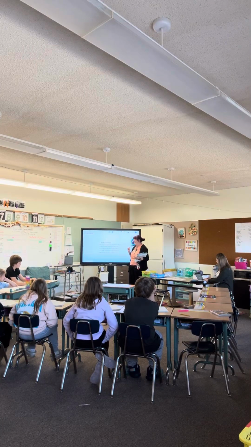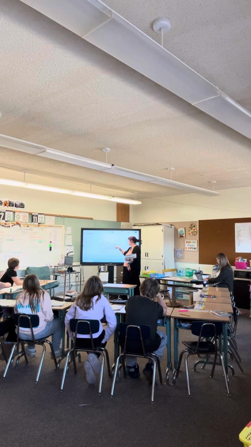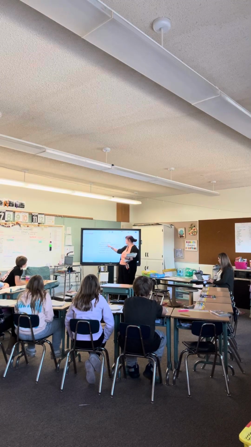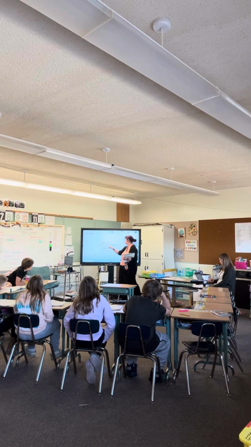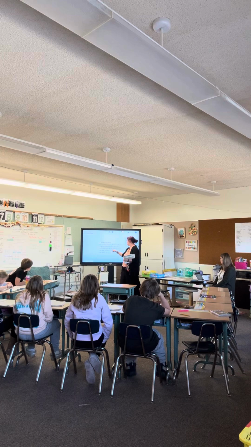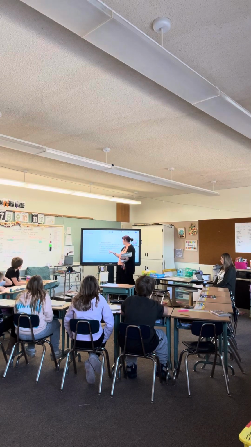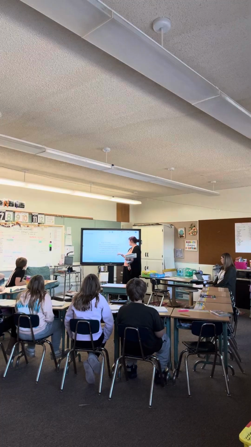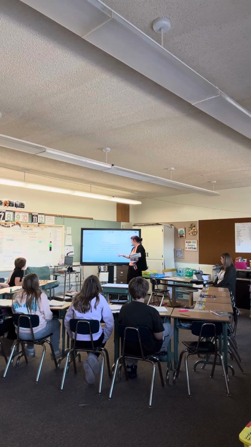Choral reading with me again. The decimal point is always located between the ones place and the tenths place. When a decimal does not have any ones, you write a 0 before the decimal point.